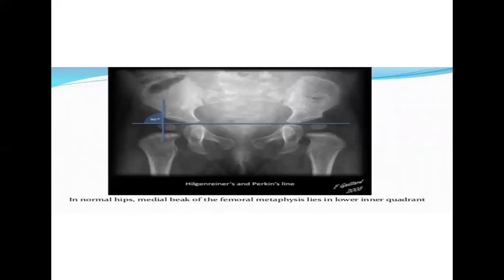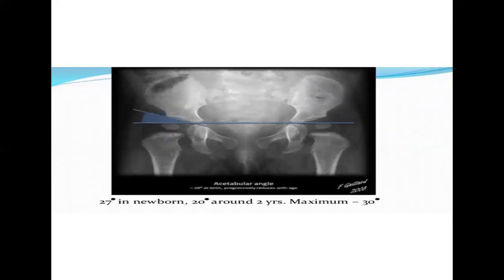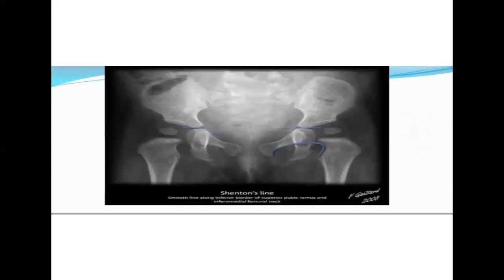In a normal hip, the medial beak of the proximal femoral metaphysis lies in the lower inner quadrant. The acetabular index is 27° in a newborn, 20° around 2 years, maximum 30°.